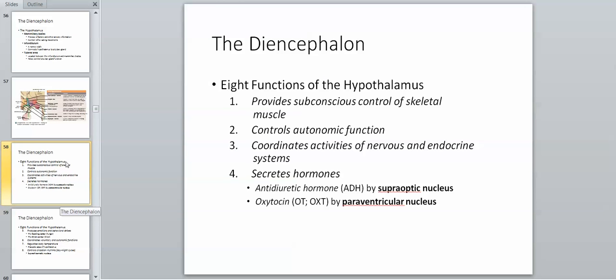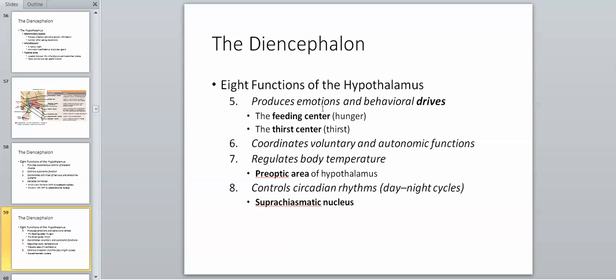All right, let's see. We also have producing emotions and behavioral drives, so feeding center, thirst center, hunger. That's true. If you damage the hypothalamus, you can cause a dysregulation in feeding, either overfeeding or underfeeding. And you can also have a situation if there's a tumor or a problem in the hypothalamus where someone would be drinking far more than they need or just constantly be thirsty.